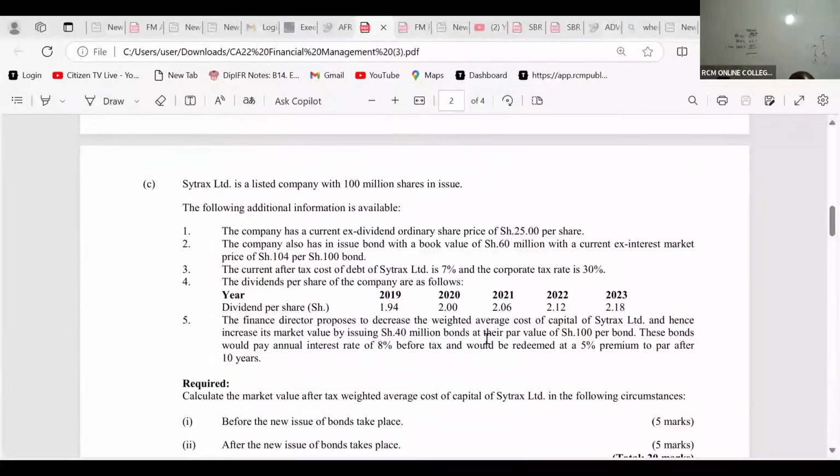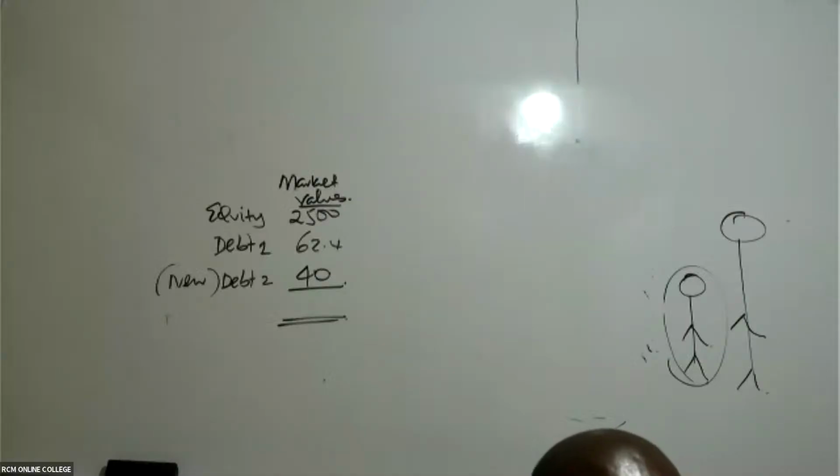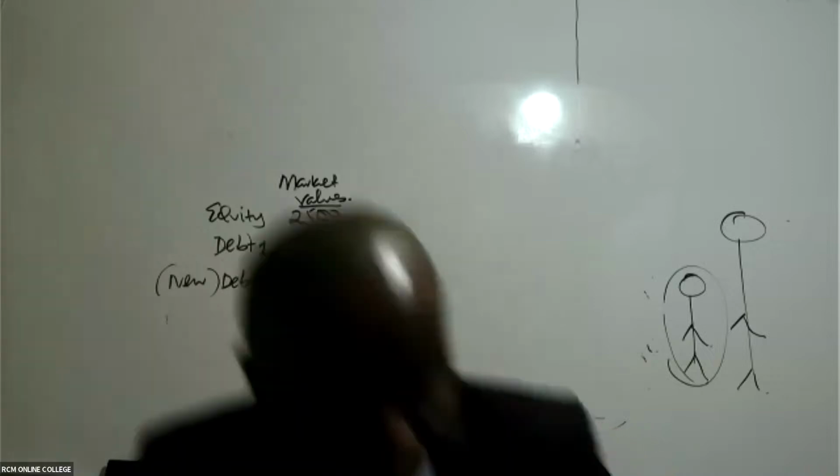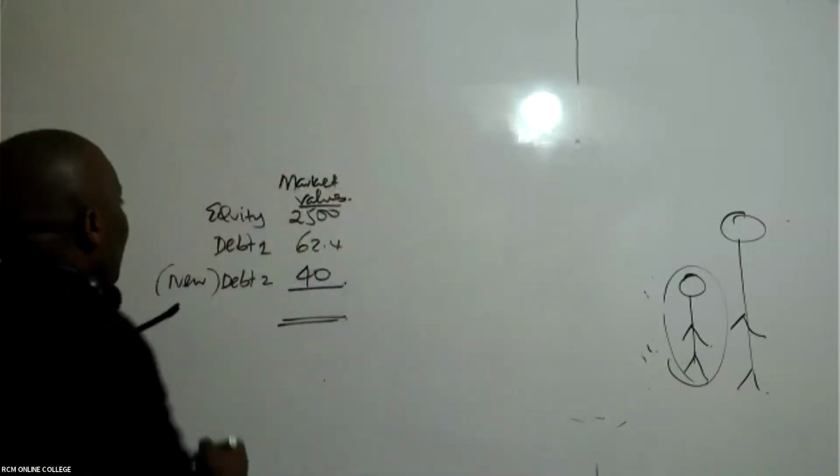So you're issuing this at par value at 40, so that's the market value. Can somebody kindly give me this figure when you add everything? What is the total value? Yeah, 2602.4.